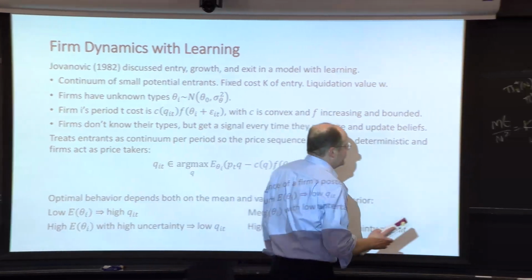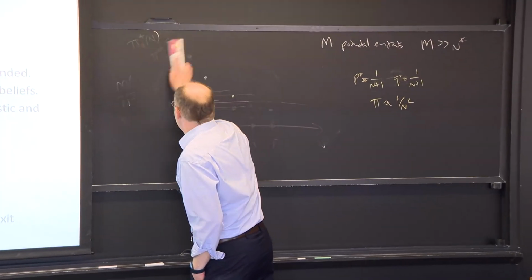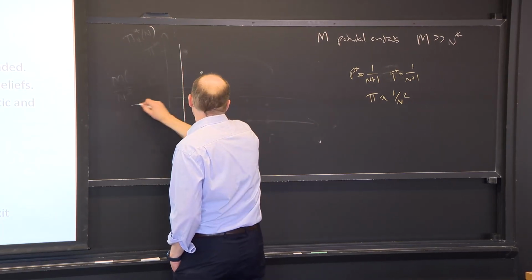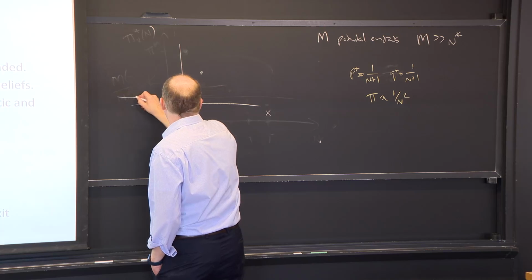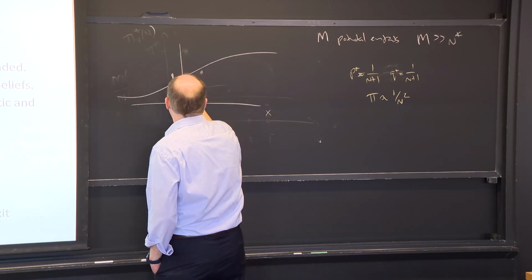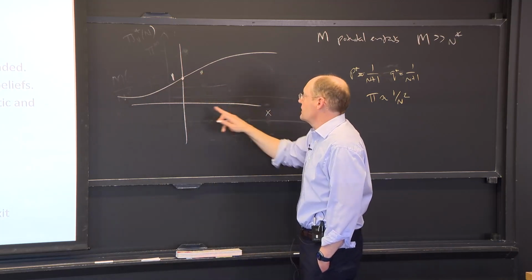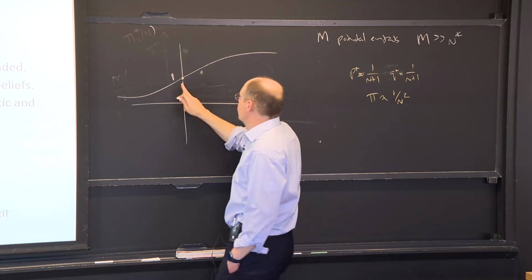And what he's imagining is that f might be some function that looks like this. We'll make this 1.